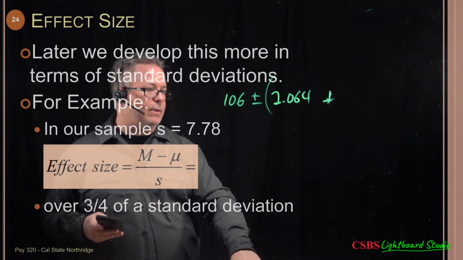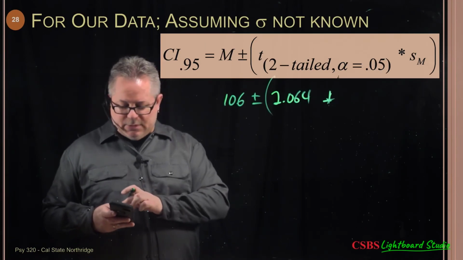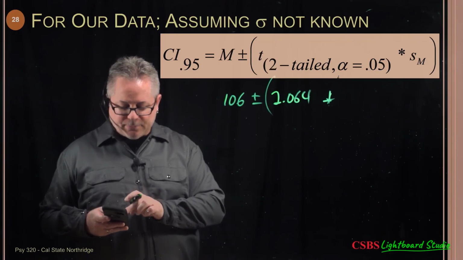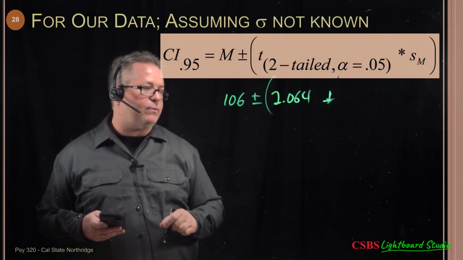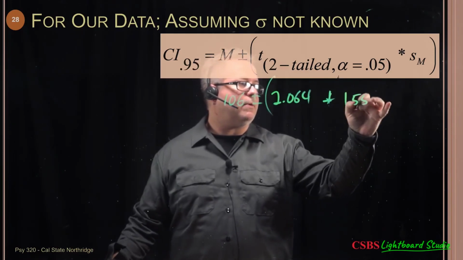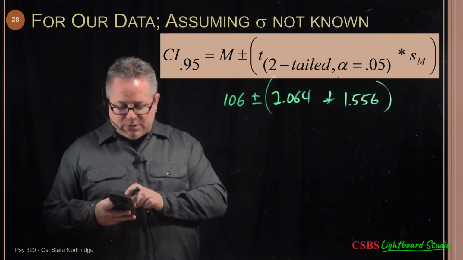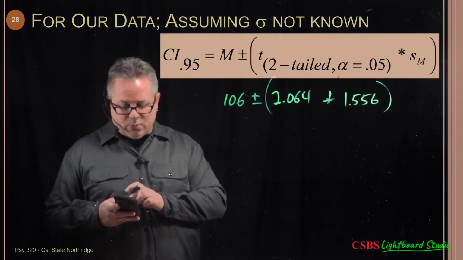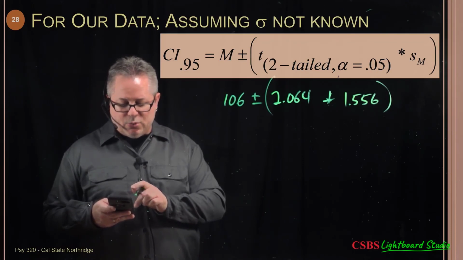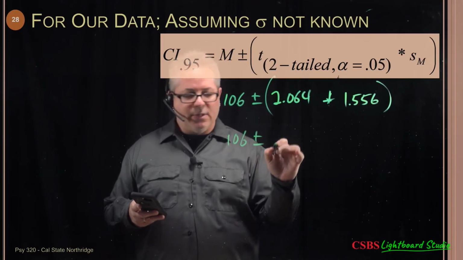Yeah, that's just 7.78. 7.78 divided by 5, which is the square root of 25, is 1.556. If I multiply those, 2.064 times 1.556 equals 3.211, so this is basically 106 plus or minus 3.212.